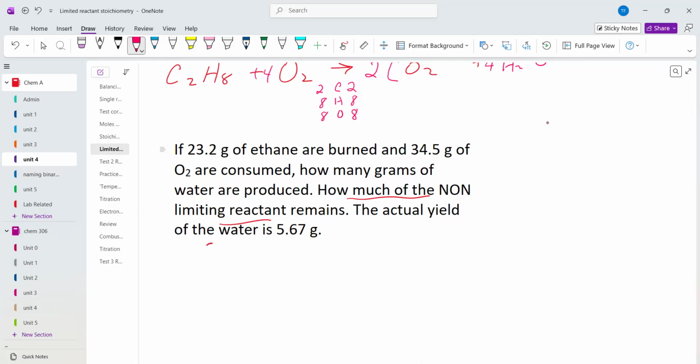Okay, so what we do is we just choose either given, it doesn't matter which one. It's going to be frames or wheels. All right, so let's choose ethane. So that means the given is 23.2 grams. And then we need to convert it to moles.